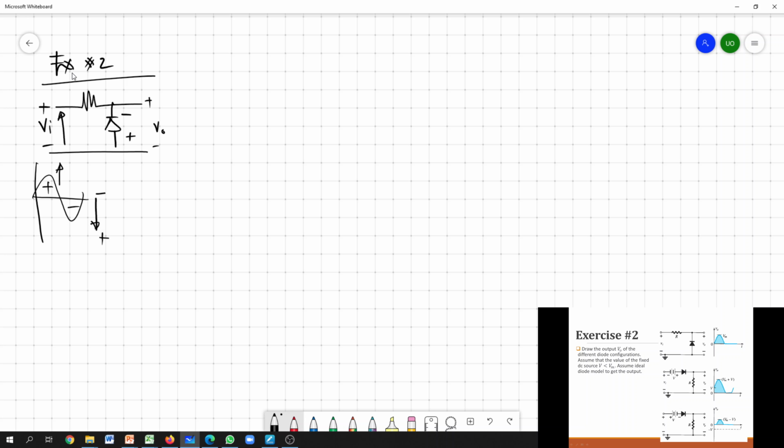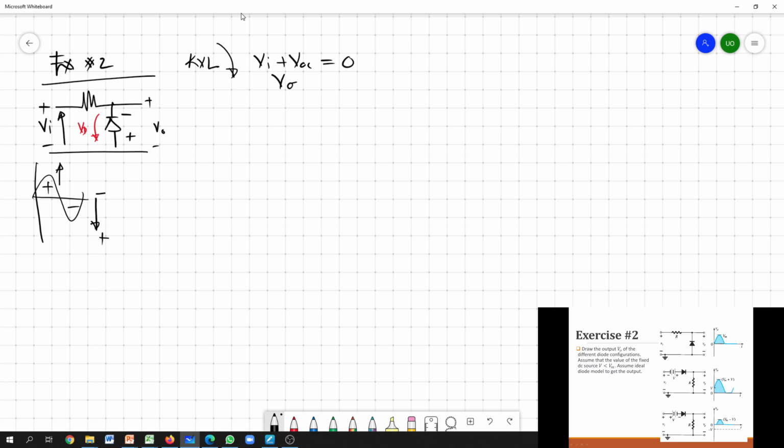So for this particular circuit, you can easily find the diode voltage. Once you apply Kirchhoff's voltage law in this direction, Vi plus Vd, or the open circuit voltage, we'll put OC for the moment, equals 0.